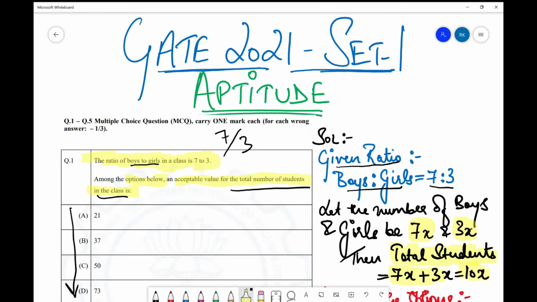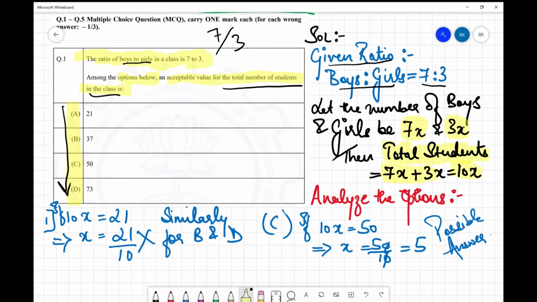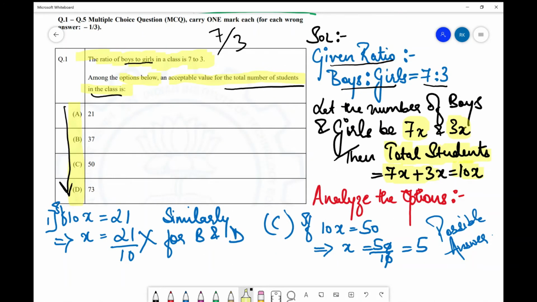Now according to this question, the total number of students has been given to be these values. I mean, one of the options for the total number of students needs to be equated to this. So that is what we are going to do now. We are going to analyze the options and check which one could be a possible answer.